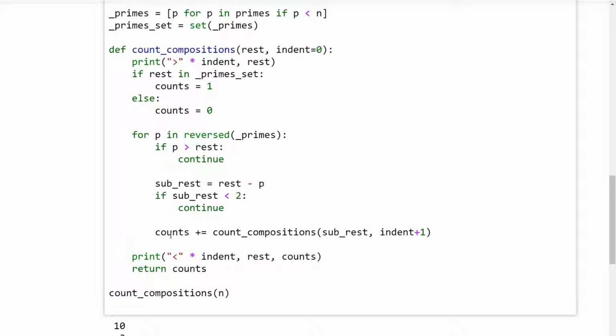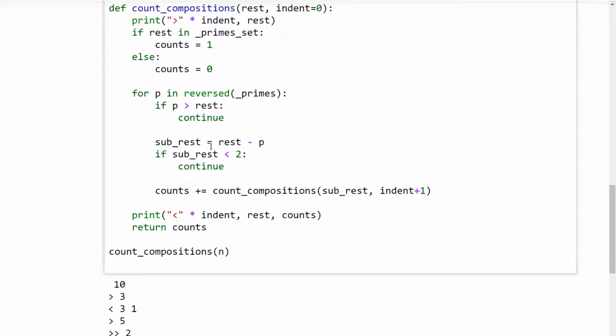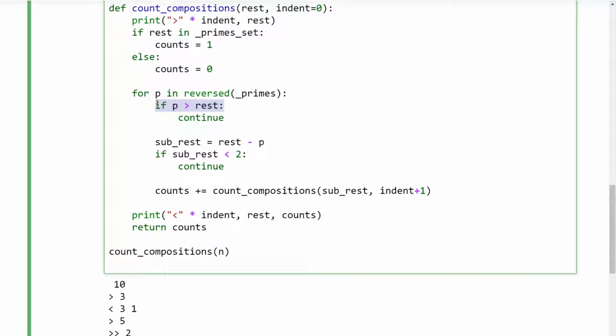Because I don't think it's necessary. I think if anything, it would be an optimization. But in principle, this should take care of ignoring all the p's that are larger than that.